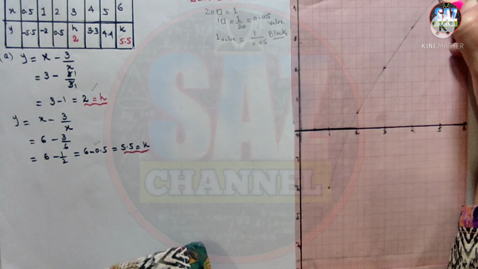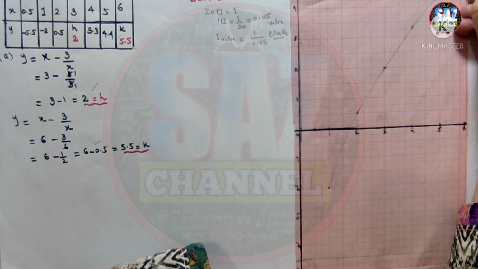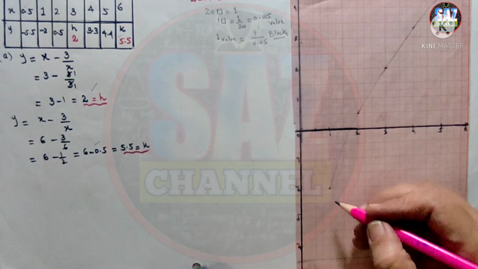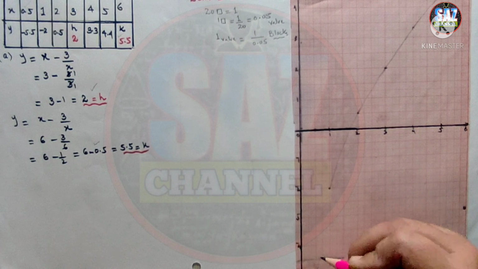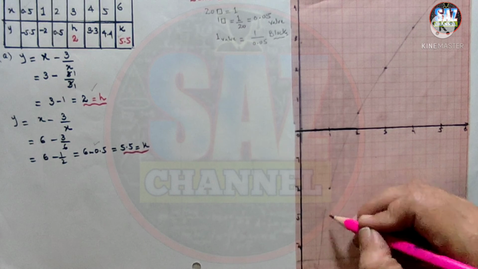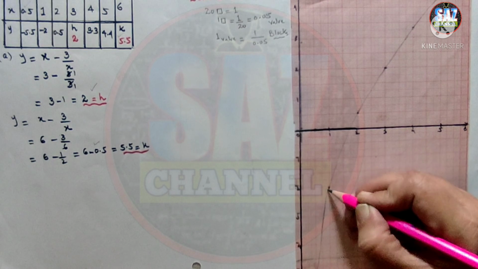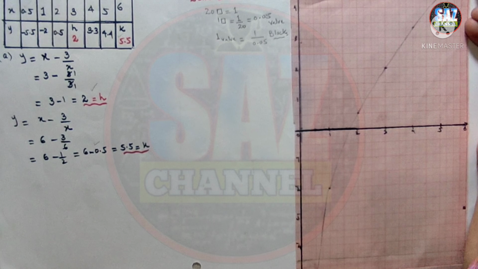So first of all I have to come in this direction, and this is the position for 6, and then I have to move towards my final point, which is the lowest point of the curve, and join it nicely. Okay, really good curve, students.